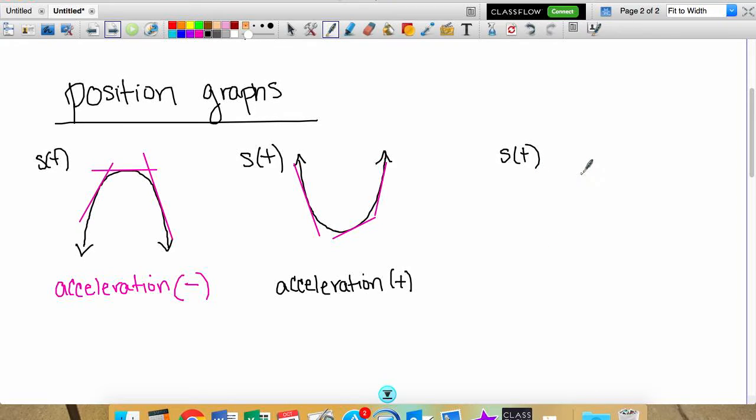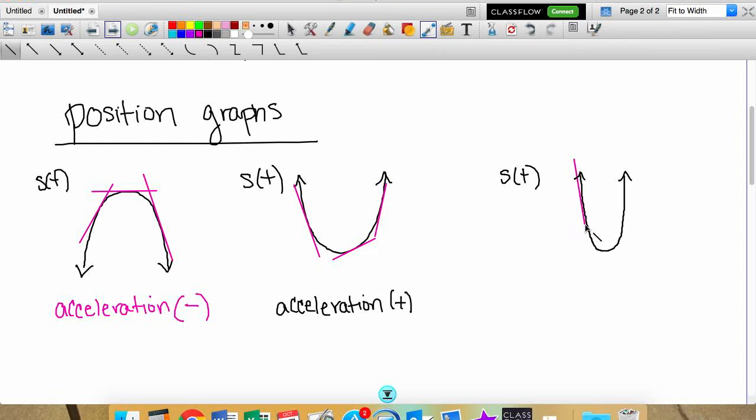Let's consider another graph. This graph is also opening upwards. In this graph, you can see the slopes are indeed increasing. They go from very negative to slightly positive, to very positive very quickly.